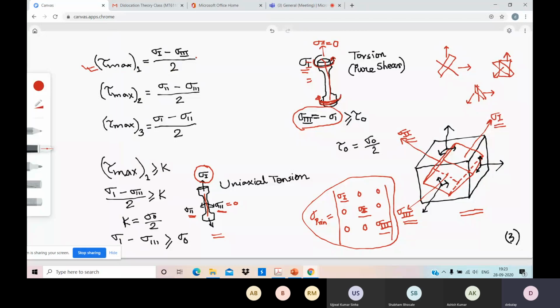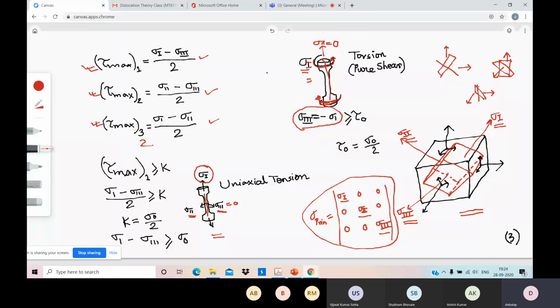Tau max 1, tau max 2, and tau max 3. Now 2 and 3 will depend on the value. What are the absolute values of sigma 2 and sigma 3 and sigma 1? That will decide who is 2 and who is 3. Sigma 1 minus sigma 2 can also be 2 if that difference is more than sigma 2 minus sigma 3.